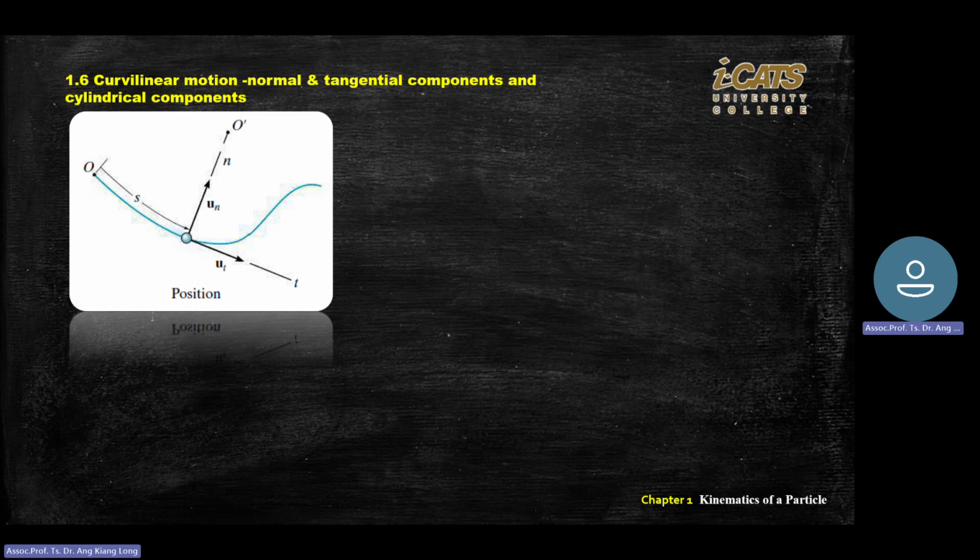Tangent is always pointing along the path and is 90 degrees to the normal direction. This understanding you need to lock in first.